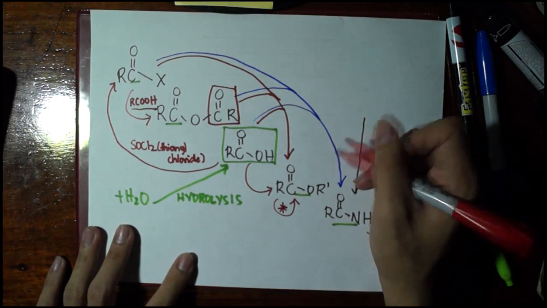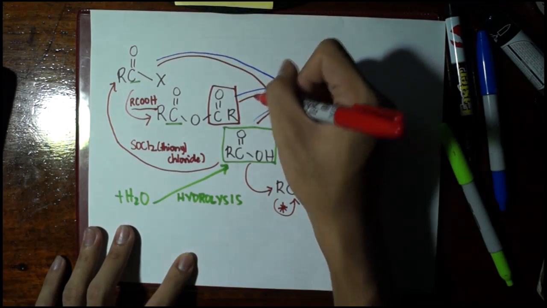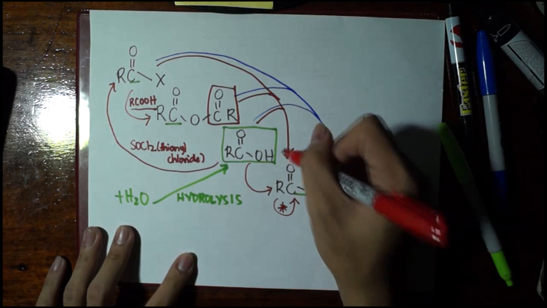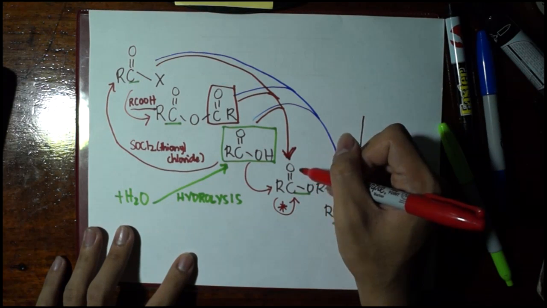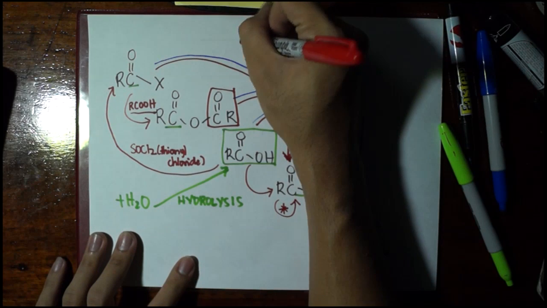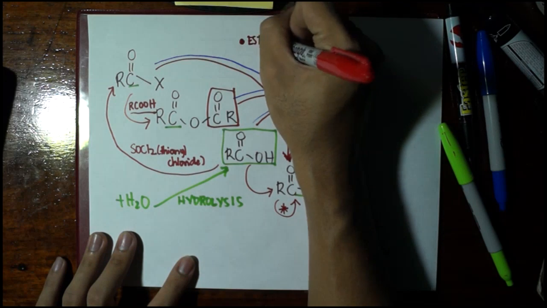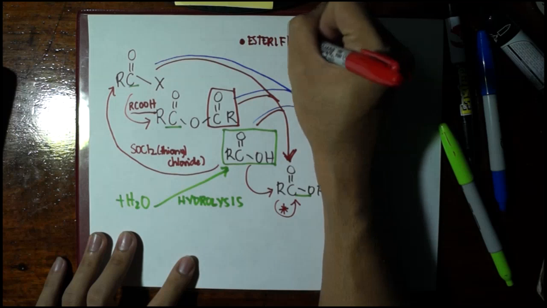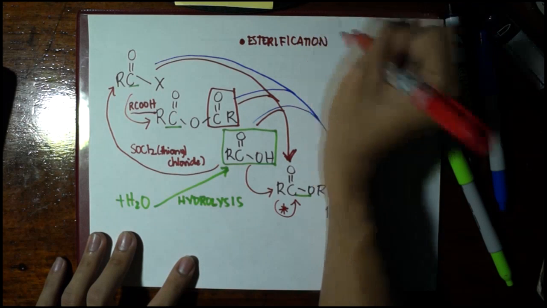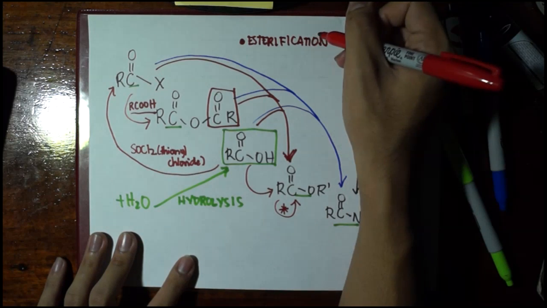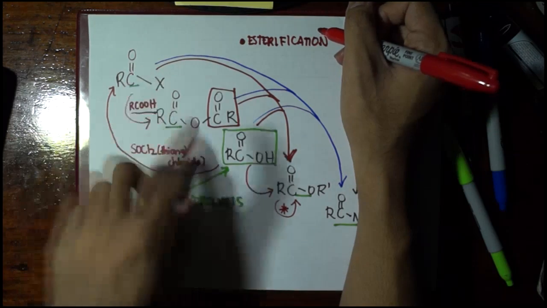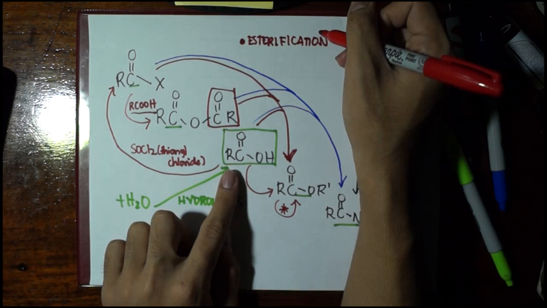Now we go to these three red arrows, meaning that they're all pointing to ester here. We call this process, which I'm going to code in red, esterification, because you're forming an ester. So basically you could use an acid halide, an acid anhydride, or a carboxylic acid.